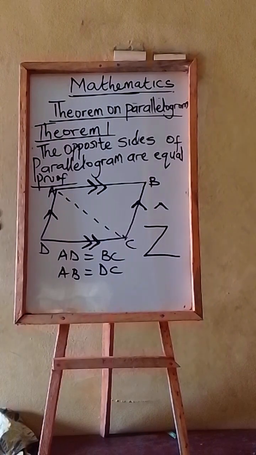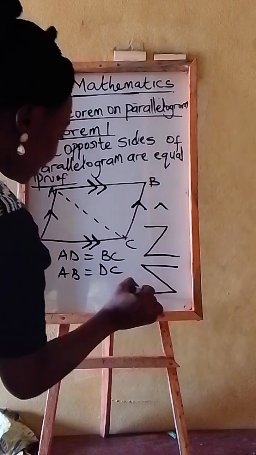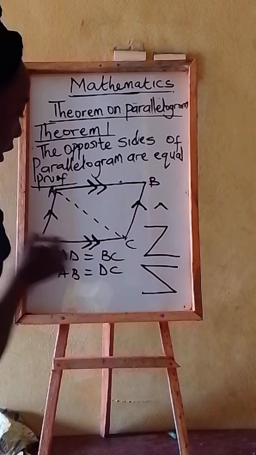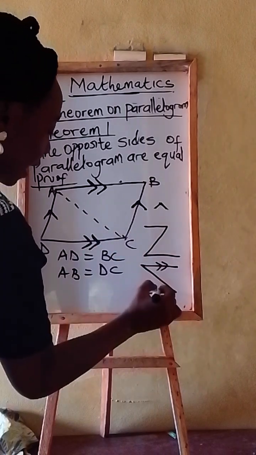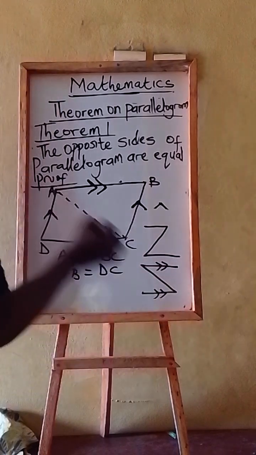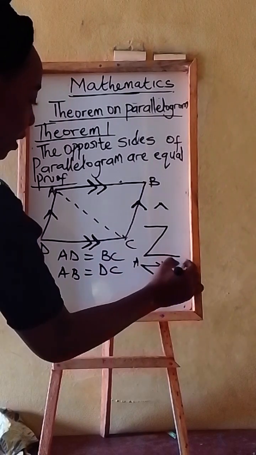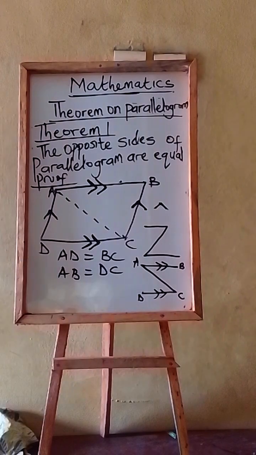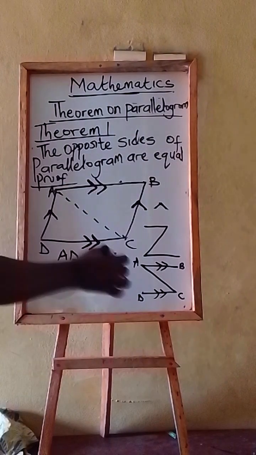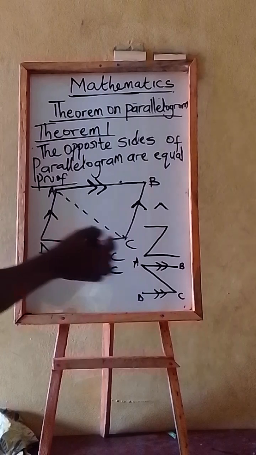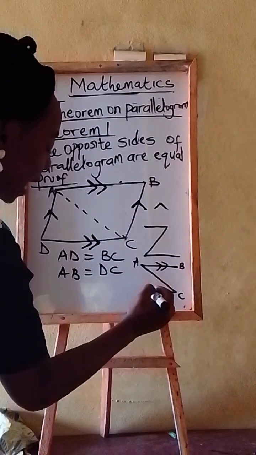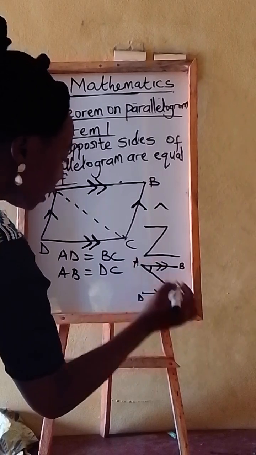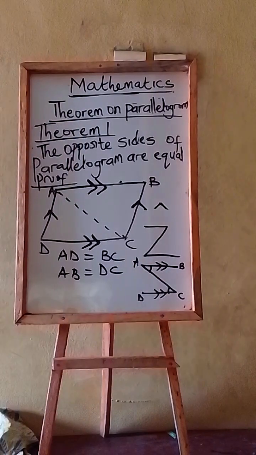If I want to draw an alternate angle, this is an alternate angle. This line here goes this way. This is A, B, C, D. It means the angle that you have here is equal to the angle here.